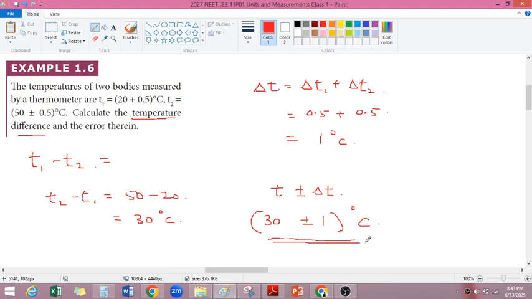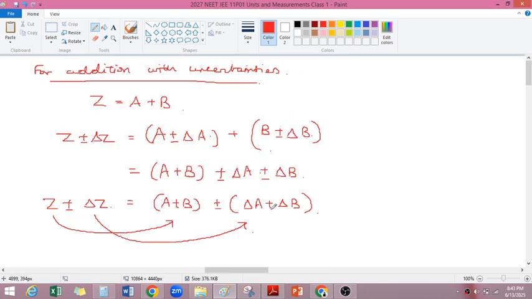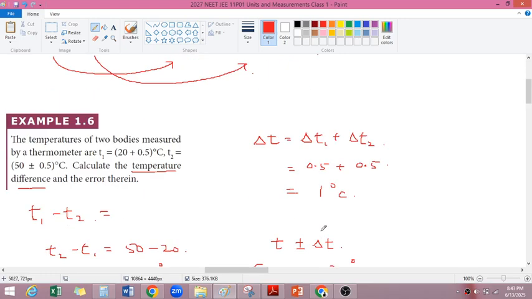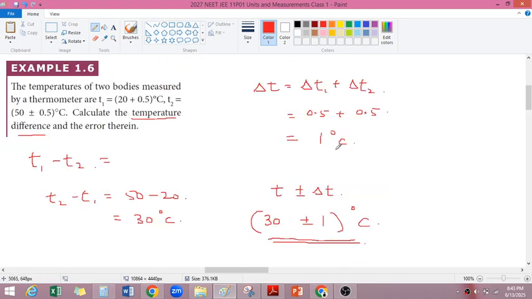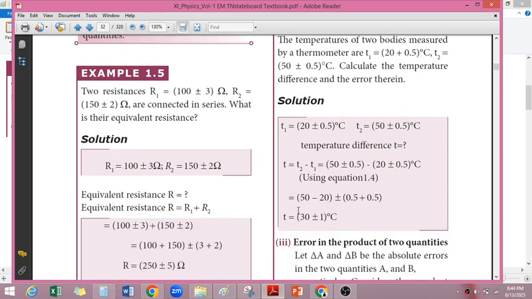The confusion you may get is, sir, how come in the addition you said you add the errors? In subtraction also you are saying, addition. How is that possible? Well, here you have to do subtraction in the main numbers, but in the errors you have to still add it. I will show you here. You see 30 plus or minus 1.